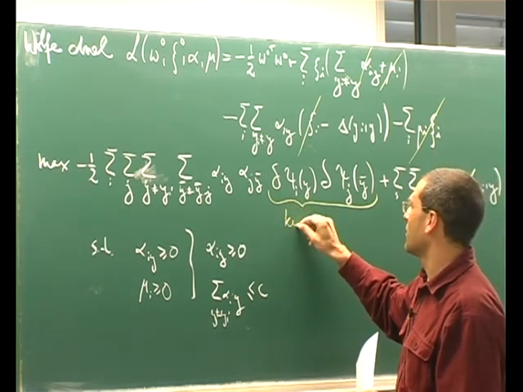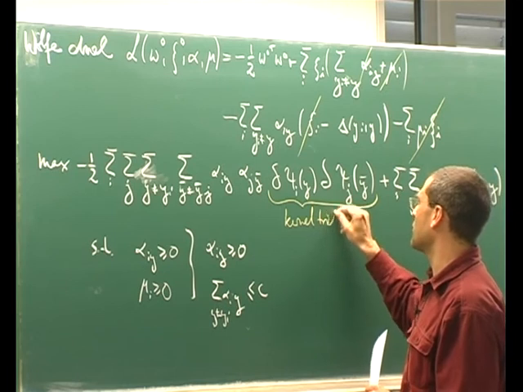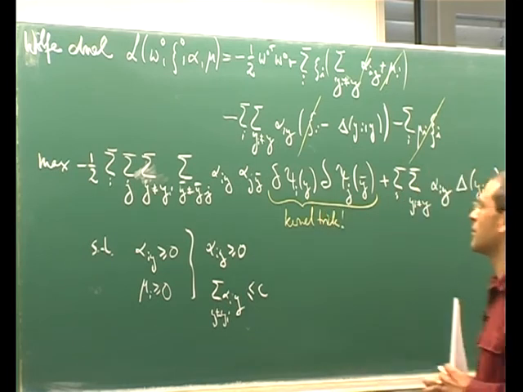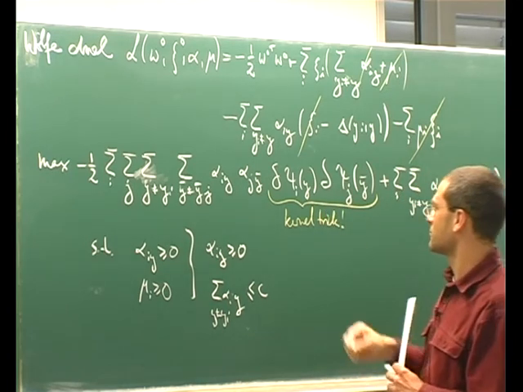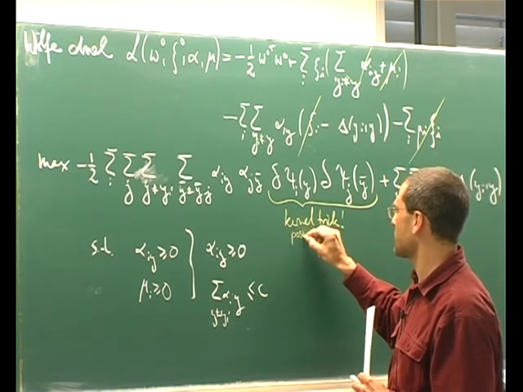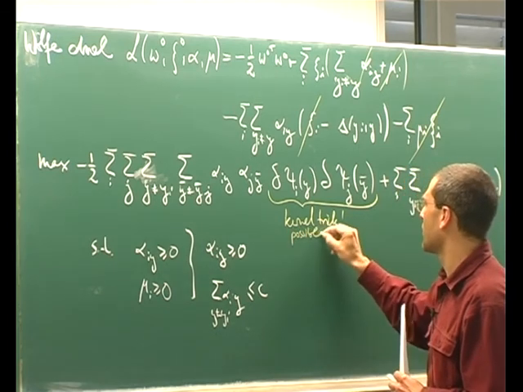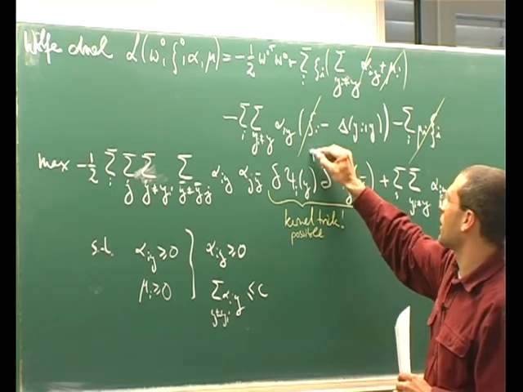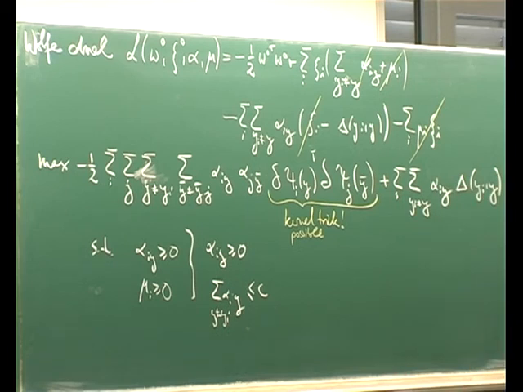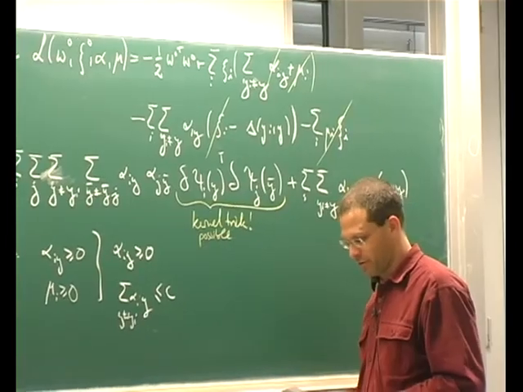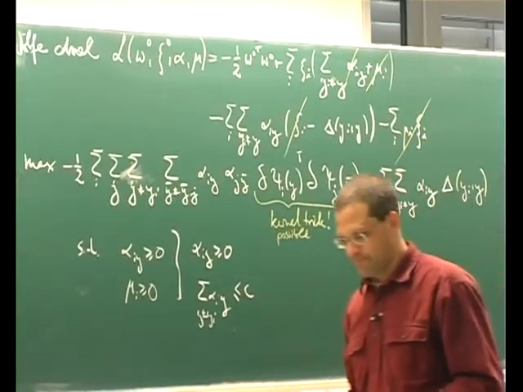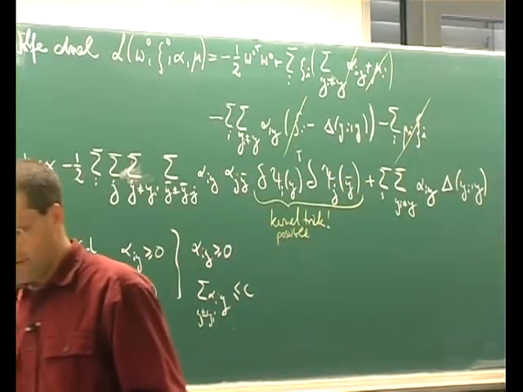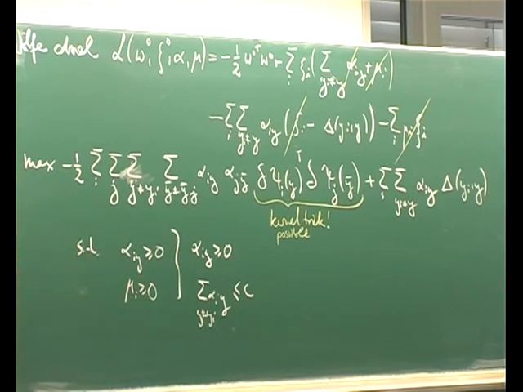And for this reason we can use the kernel trick again. By taking instead of this inner product, we can define any kernel function that fulfills the Mercer's condition. Okay, so far so good.